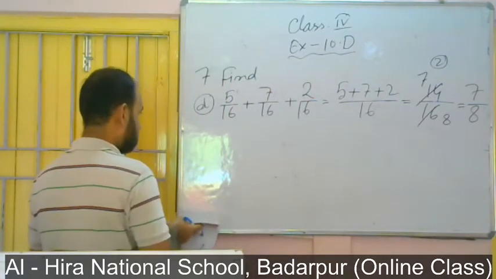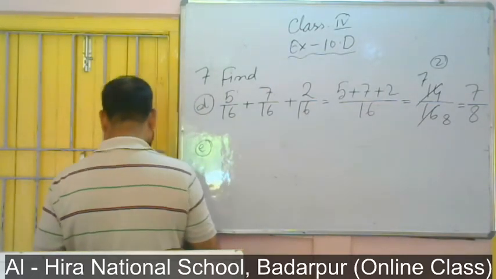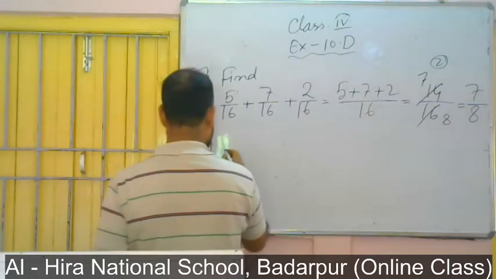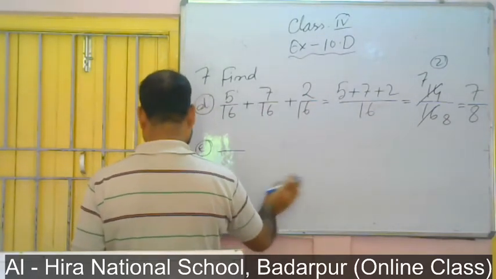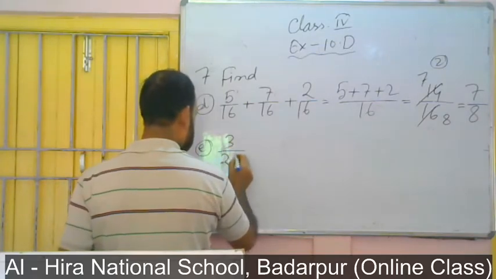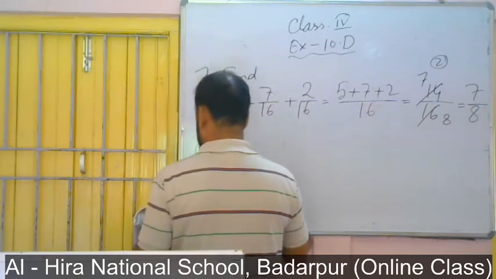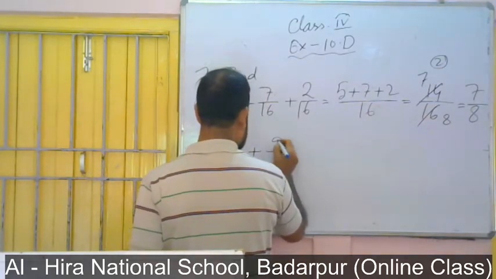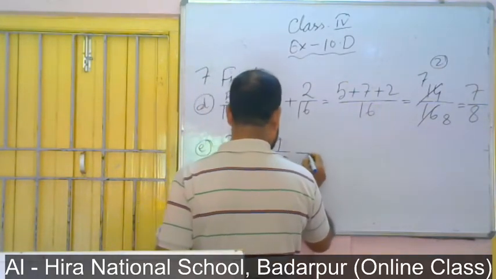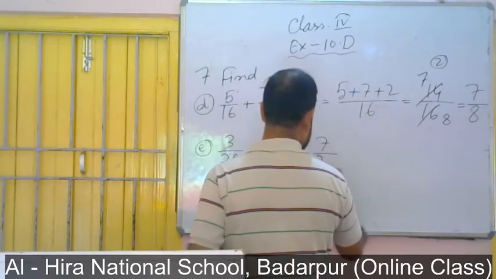Next, E: 3 by 20 plus 9 by 20 plus 7 by 20.